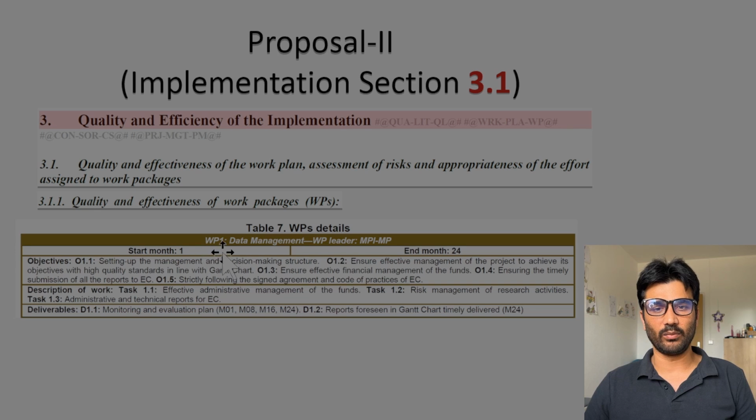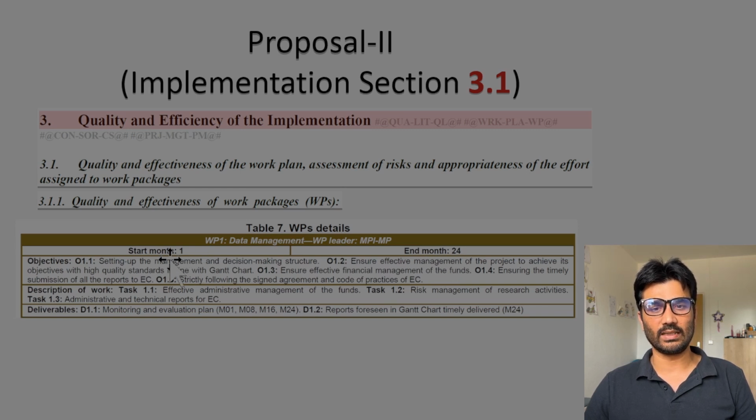I put work package 1, which was about data management, and then who will lead this work package. The work package leader is my host institute. For example, Max Planck Institute is the leader, and their administration will manage this. It will start from month 1 and go all the way to month 24.